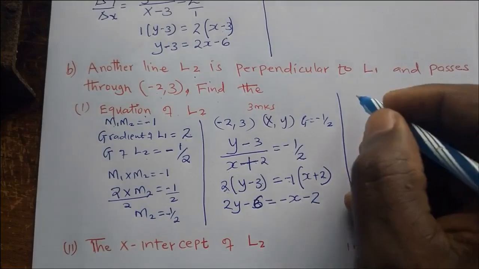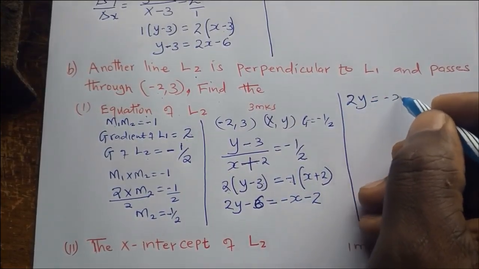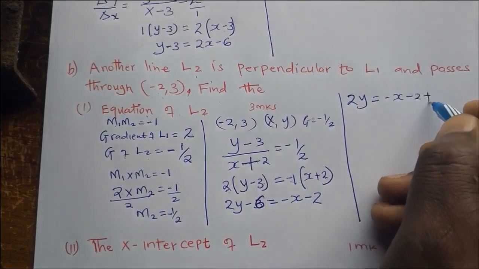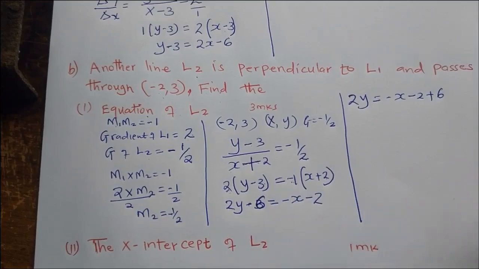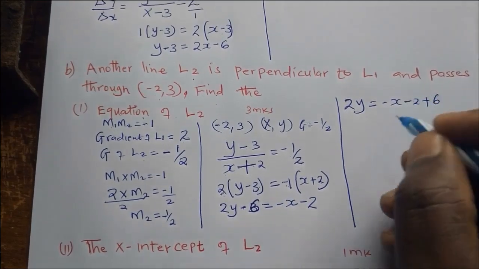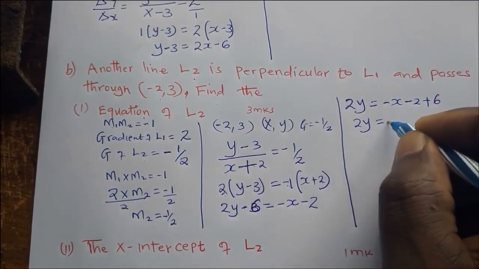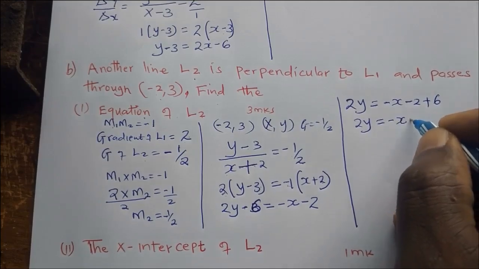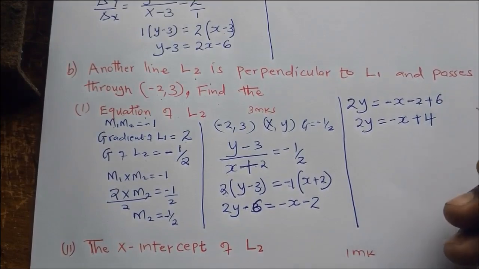So let's put this one to the other side. 2y is equal to minus x minus 2 plus 6. Because this one is negative on this side, it will be positive. So 2y is equal to minus x plus 4. Because negative 2 plus 6, the answer is positive 4.